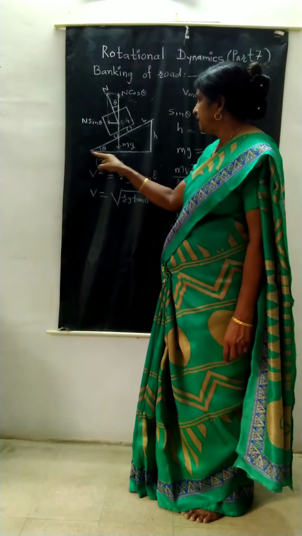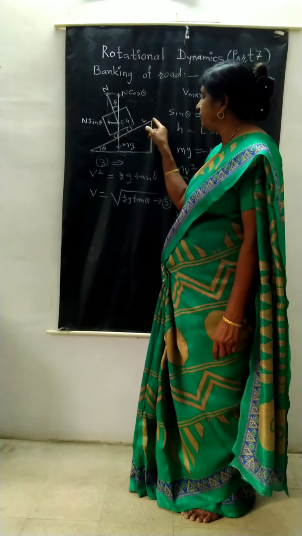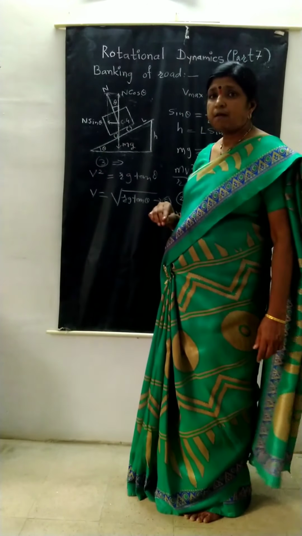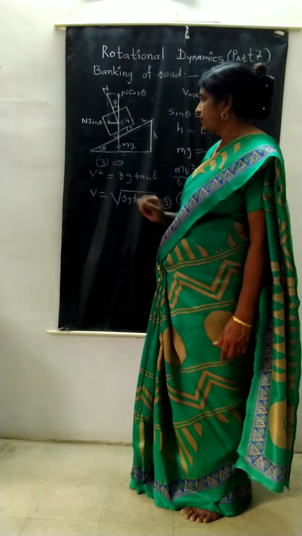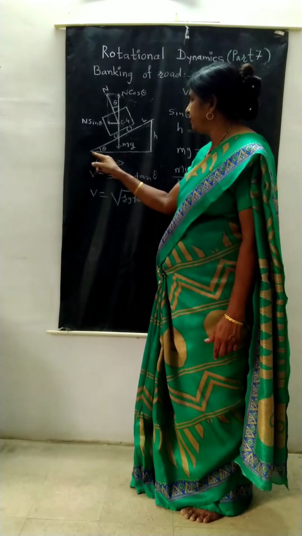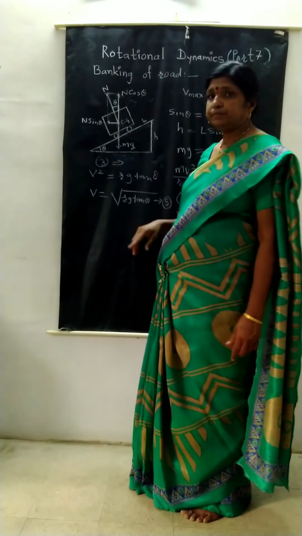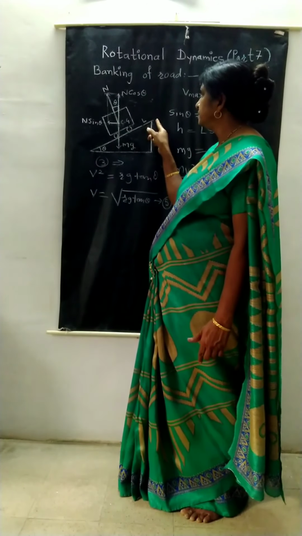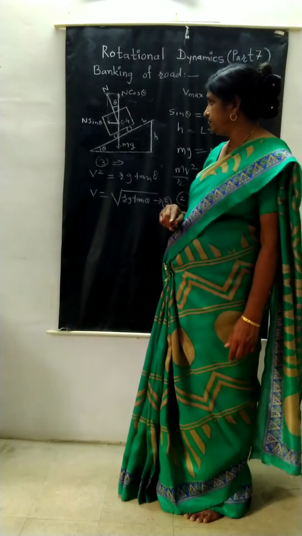Here, this is the horizontal and this is the road surface which makes an angle theta with the horizontal. This is a vertical line. So, there is an angle of 90 degrees between the horizontal surface and this vertical line. Similarly, this is the road surface and normal reaction is perpendicular to the road surface.